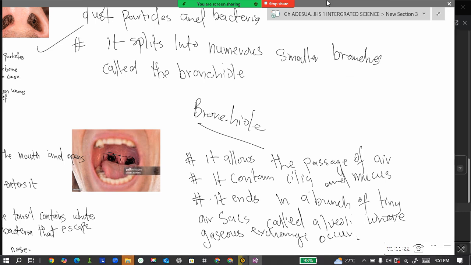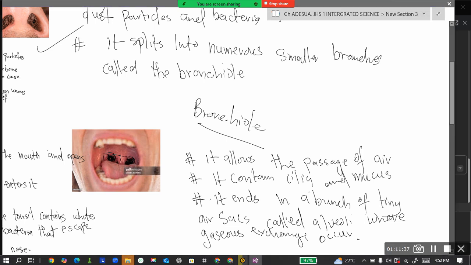So that will be the end. The last and final thing we look at is the what do we call it? The alveoli, and that will be the end of the wonderful respiratory system story.